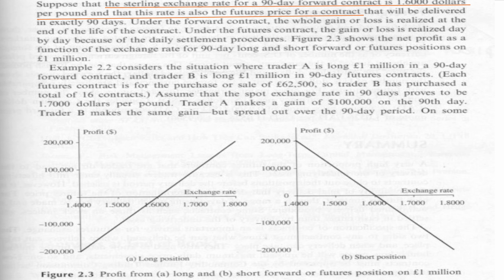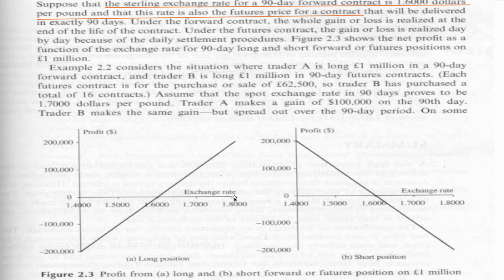That is the profit from a forward and the futures contract, assuming that the sterling exchange rate for a 90-day forward contract is 1.6 British pound, British sterling, $1.6. We're always using direct quote, by the way. Let's assume the forward contract is the same. If you have a long contract, as we see on the left, what's your payoff? Now let's look at what the horizontal line is.